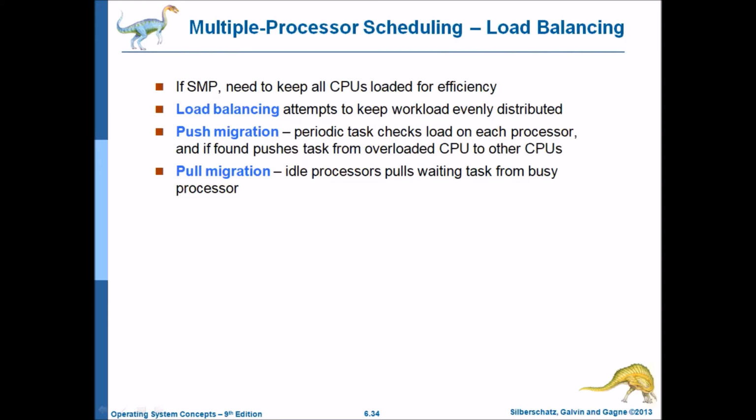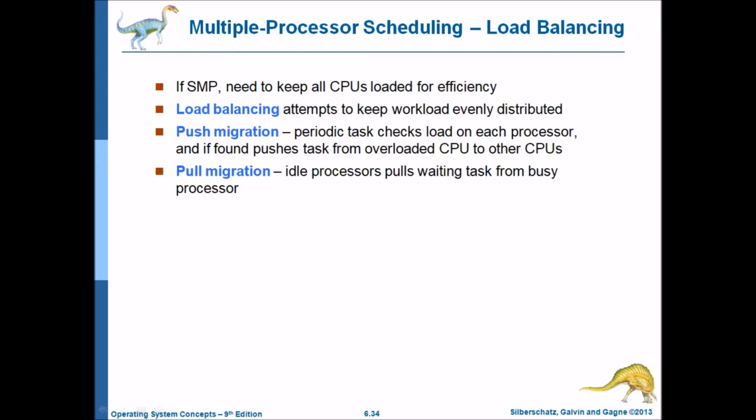The other approach is pull migration. Pull migration occurs when an idle processor pulls a waiting task from a busy processor. Push and pull migration need not be mutually exclusive and are in fact often implemented in parallel on load balancing systems. Interestingly, load balancing often counteracts the benefit of processor affinity, which was discussed in the previous section.